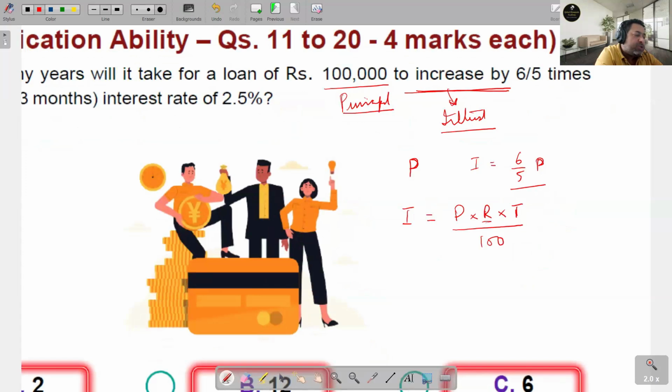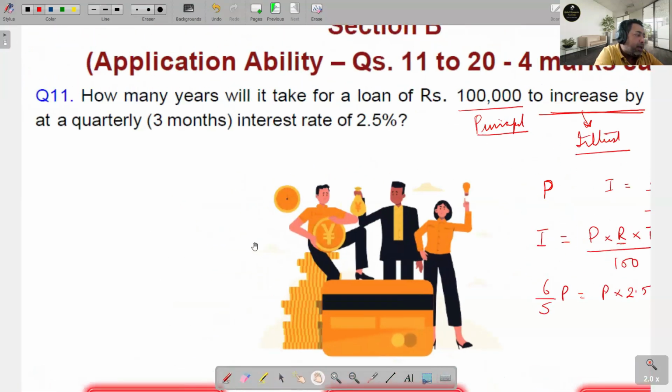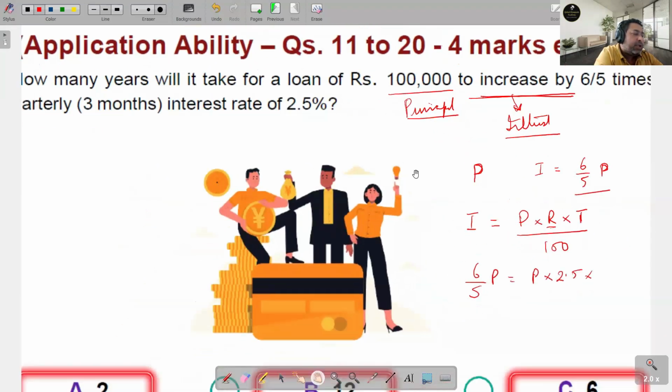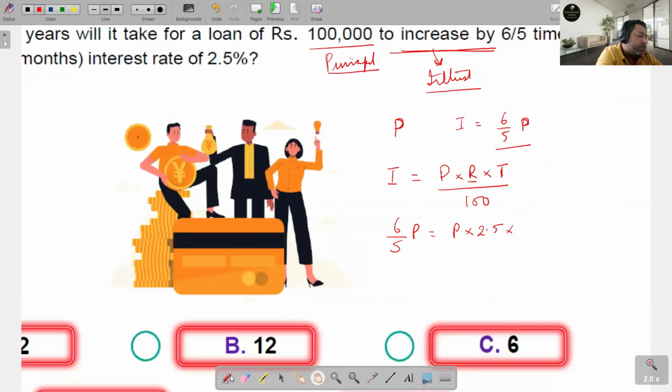So it will be equal to 6/5 P is equal to P into the rate of interest is given as 2.5, at a quarterly interest rate of 2.5%. How much time will it take? Correct. So we don't know the T here. By 100. Right. So P and P we can cancel out, and therefore the T will be equal to 100 times 6 divided by 5 into 2.5.